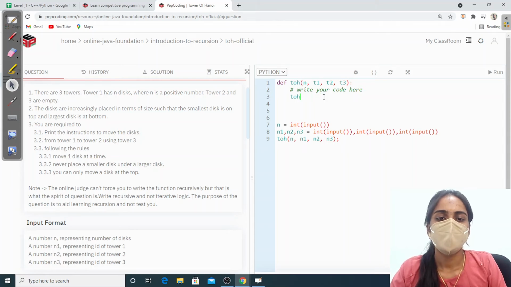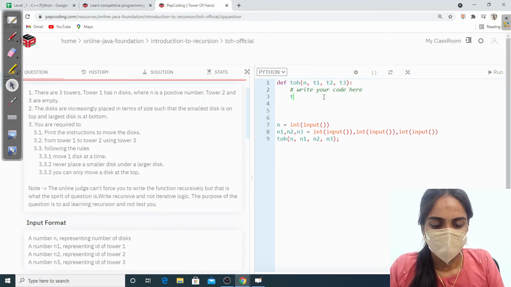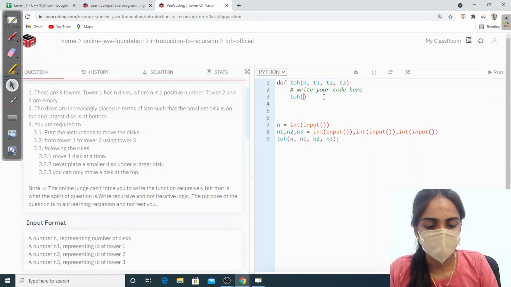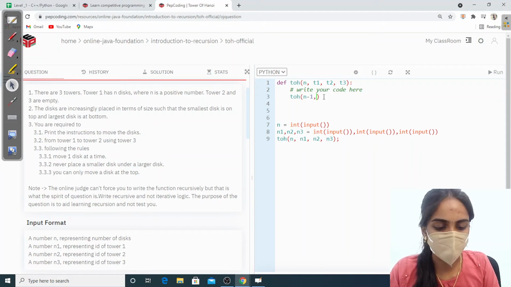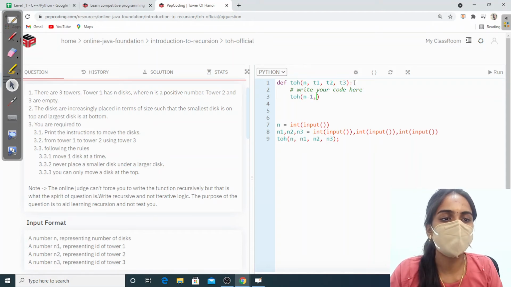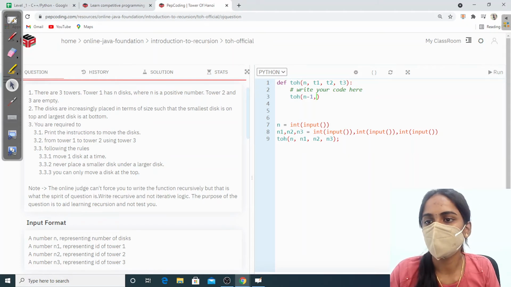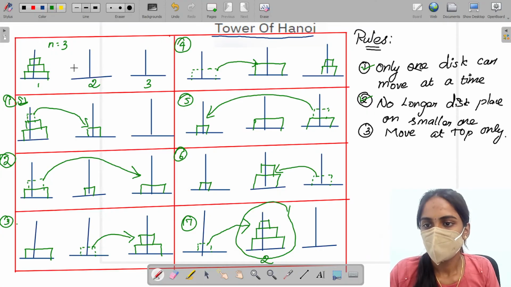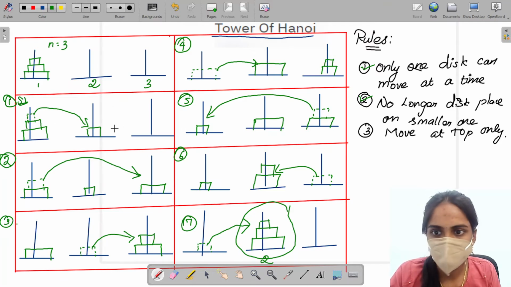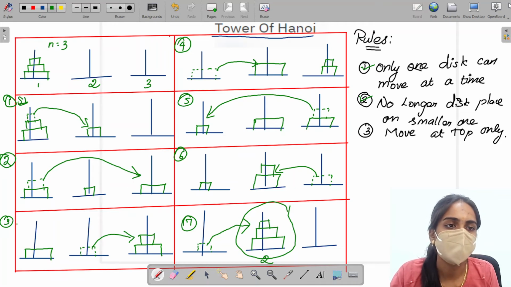Okay. First, tower of Hanoi, n minus 1, comma. We are moving tower 1 to tower 3, right? That is, see here. We are moving tower, here it is n to 2. Then the second largest will be placed to tower 3, right?